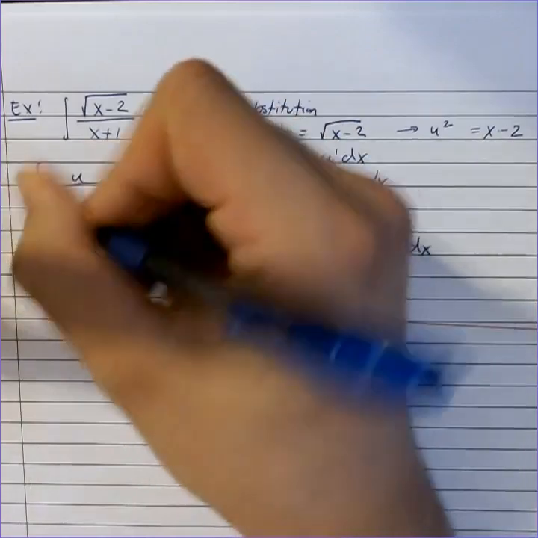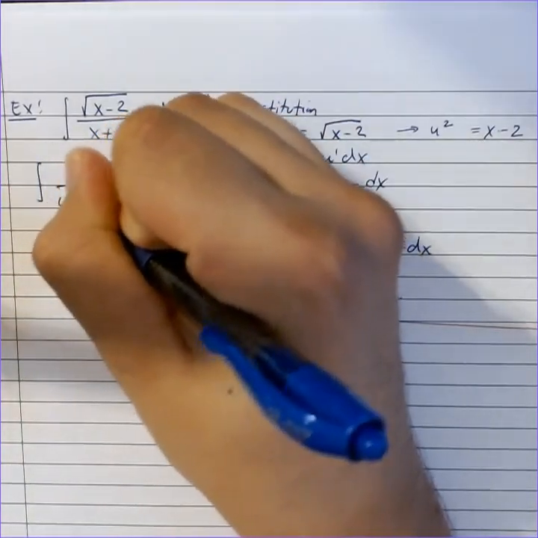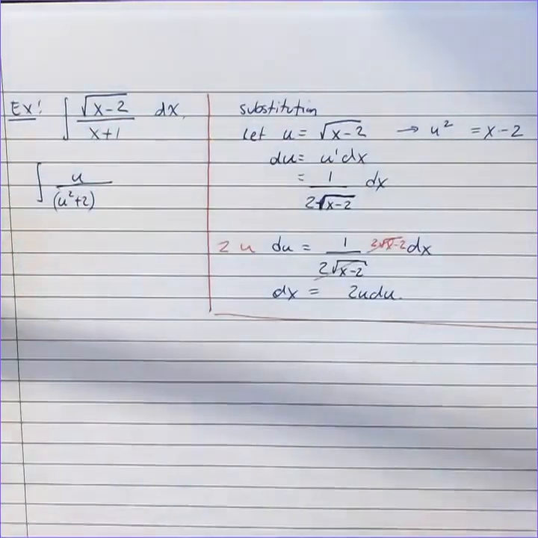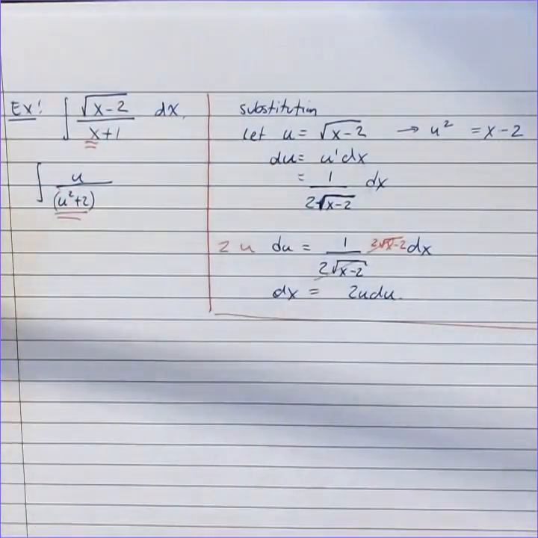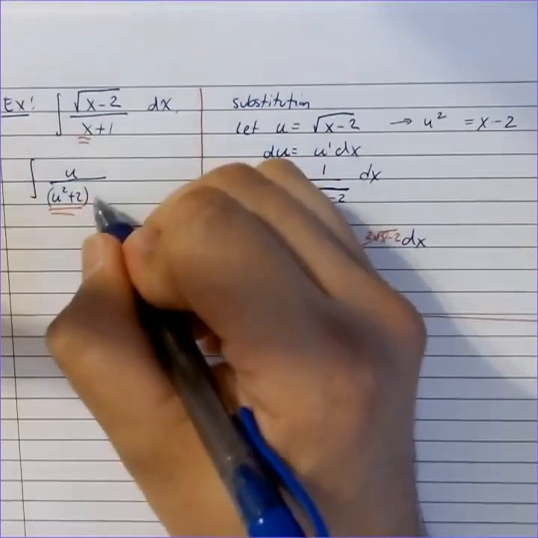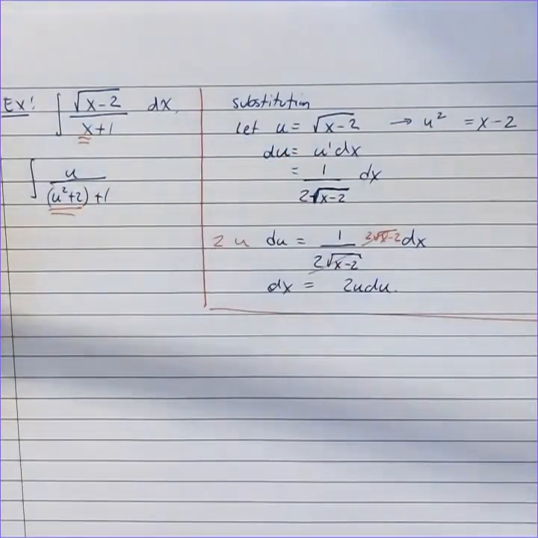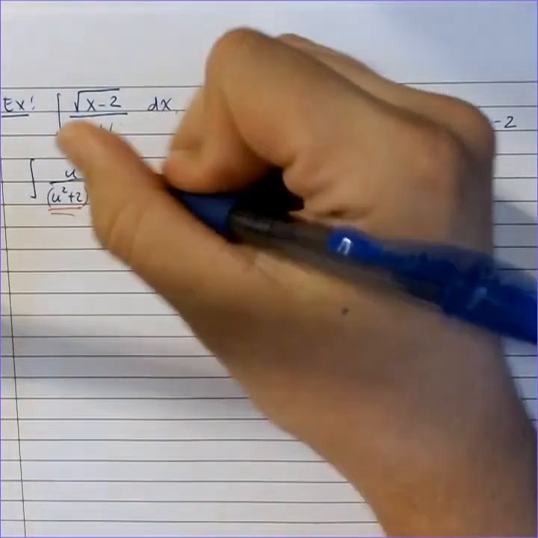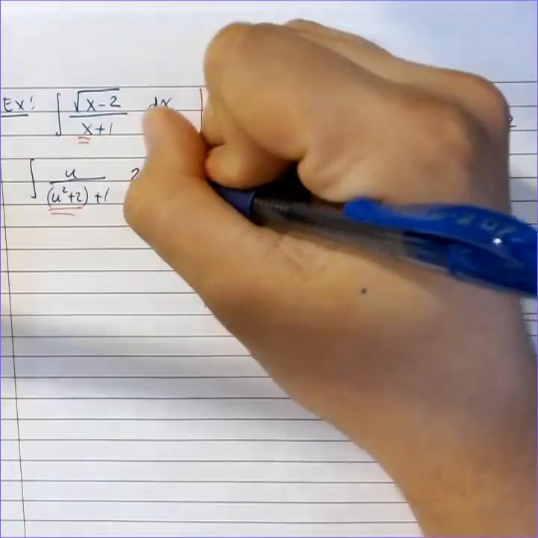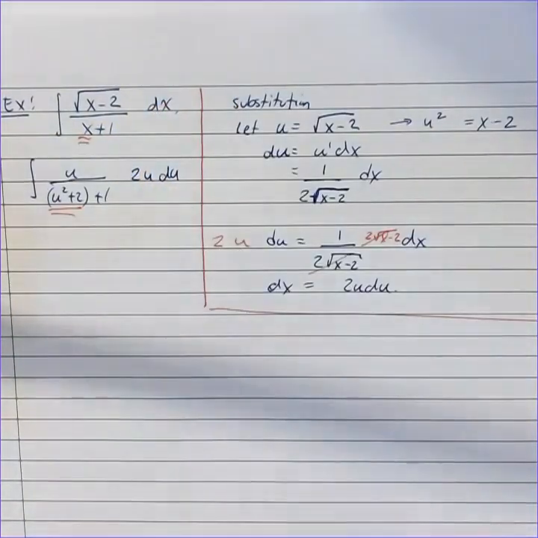So that x, I can replace with u squared plus 2. But now there's an extra plus 1 right there. And then don't forget your differential. dx is replaced by 2u du in this new substitution, in this change of variables.